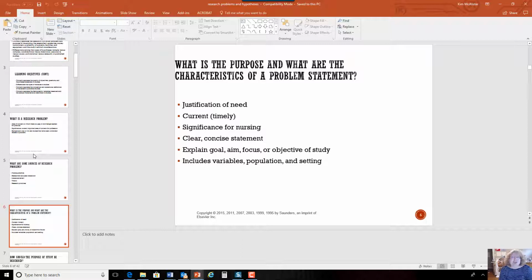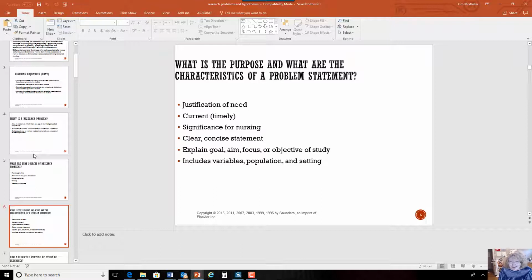We are specifically looking at problems that relate to nursing, something that nursing can fix, something nursing can change, or something that can benefit nursing. So while you may find other issues, you want to be sure that you're focusing in on something that applies to your nursing practice. It needs to be clear and concise.